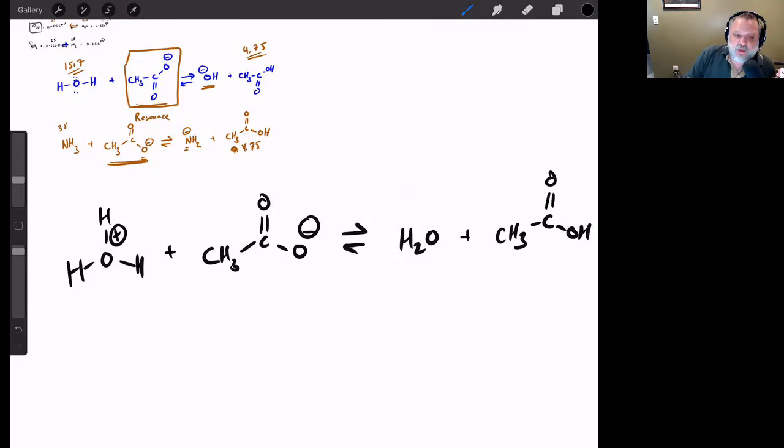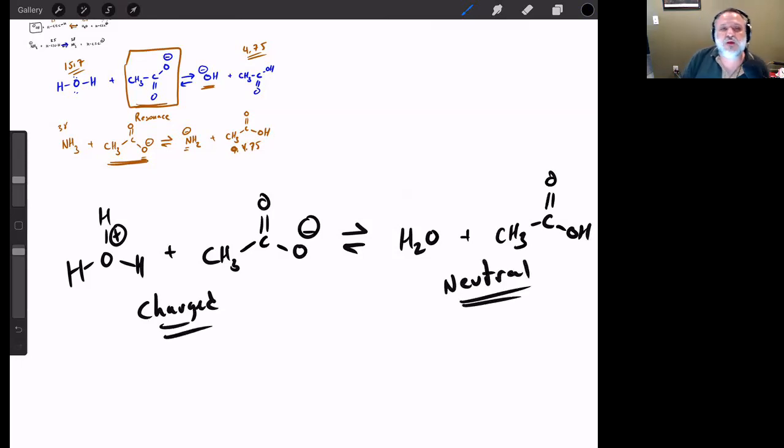In this situation, I really can't just go atom, resonance, induction, orbital. The reason is that I have a charged species here and a neutral species here. Remember that you can really only make comparisons as long as the value of the charges are the same.